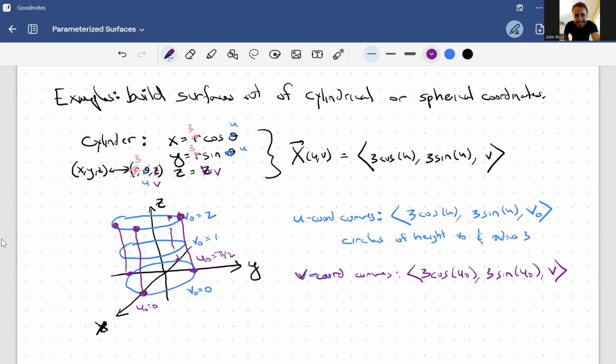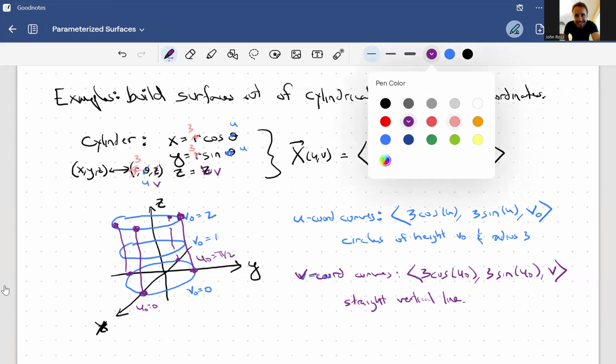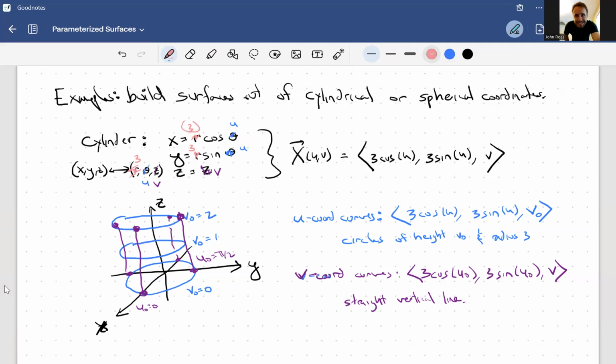But in general, for any given u naught, we're going to get this straight vertical line. And what we realize is that this entire parameterized surface is really describing a cylinder. It's specifically a cylinder of radius 3, which makes sense when we think about our original choice of the number 3 here. And so we get a cylinder of radius 3 whose coordinate curves are circles and vertical lines, respectively.